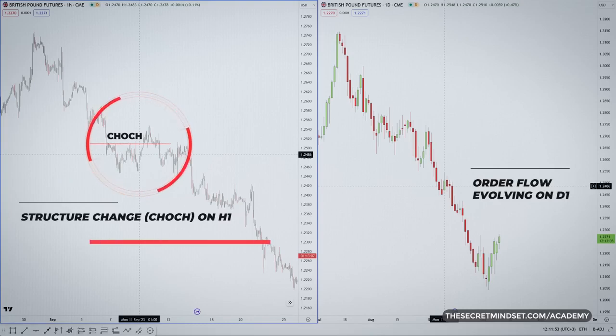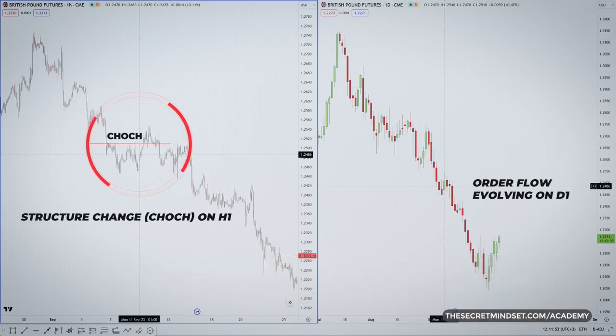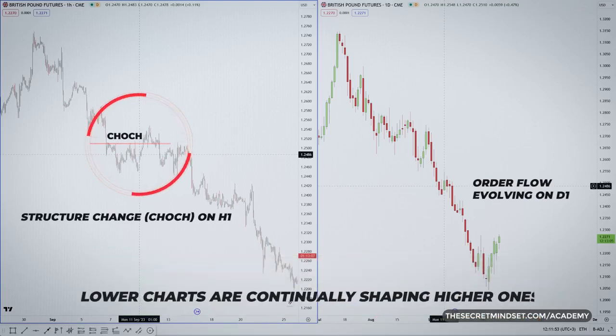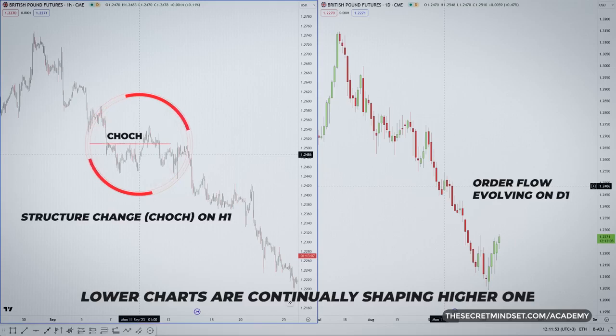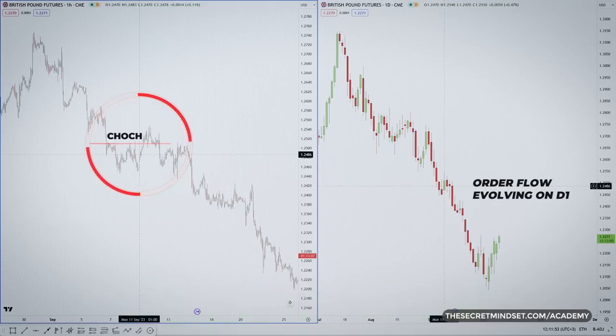This shows markets are fractal. What looks important on one scale just looks like background noise on wider spans. But together they form one connected picture, with lower charts continually shaping higher ones. Looking across timeframes provides context on where a move may be in its process of progressing or consolidating.